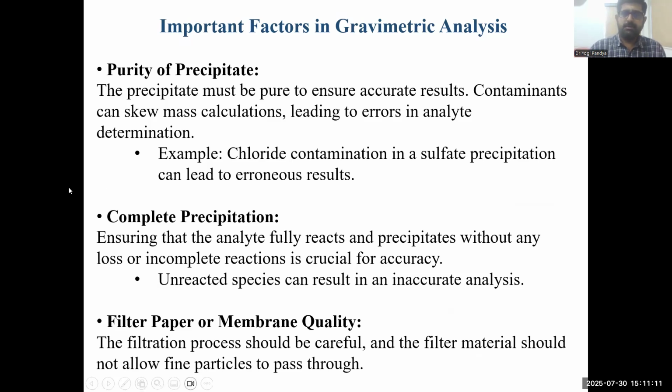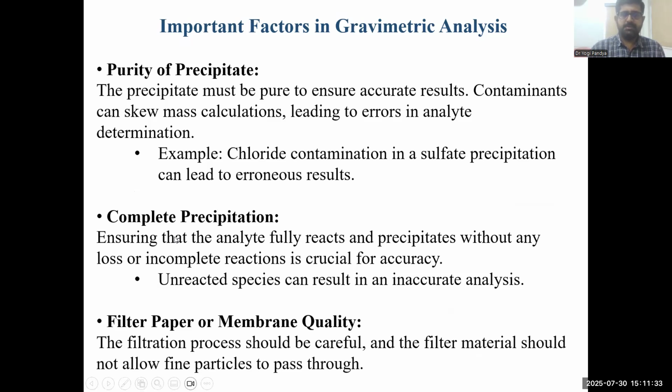And contamination or co-precipitation must be accurately handled during analysis. For example, chloride contamination in sulfate precipitation can lead to erroneous results. So you have to remove those impurities first and then go for the analysis.